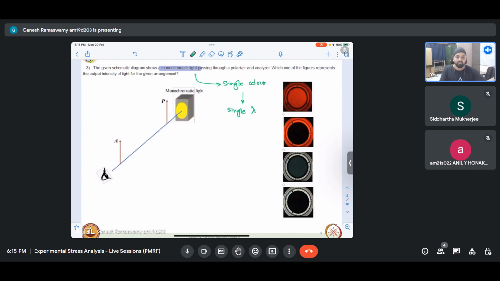Once we know the wavelength, we will see when we develop the stress optic law in the upcoming sessions that our material fringe value, that is the parameter that relates the optics to mechanics, is actually denoted by a symbol called F sigma. So F sigma. We will see that this also has a wavelength dependence.